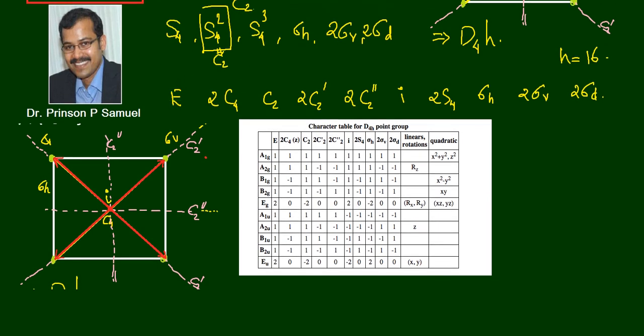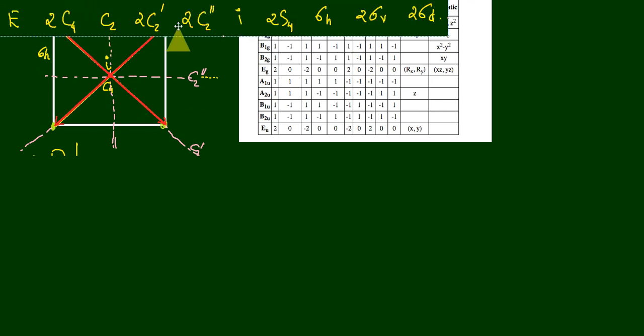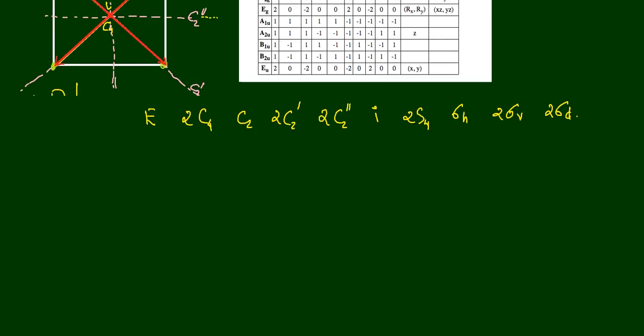Let me take these operations to the downside. These are the non-redundant operations. I will write the total character corresponding to all of these.